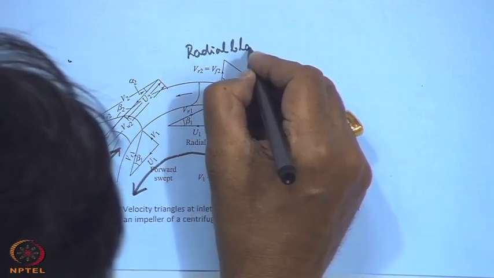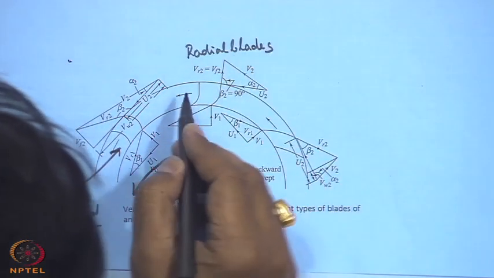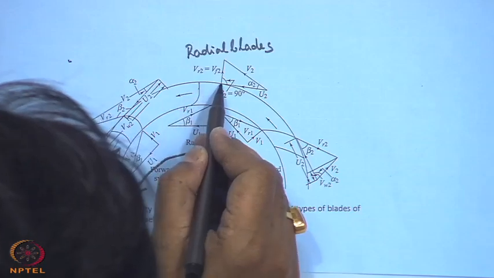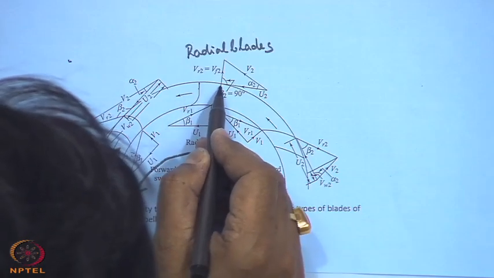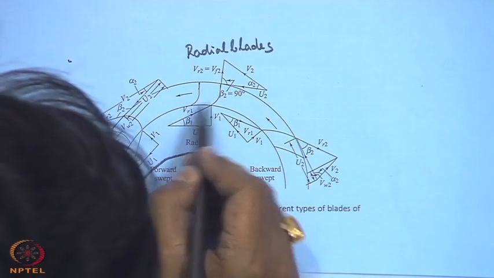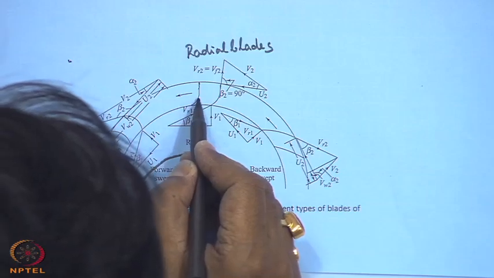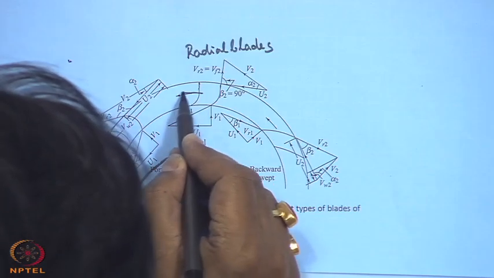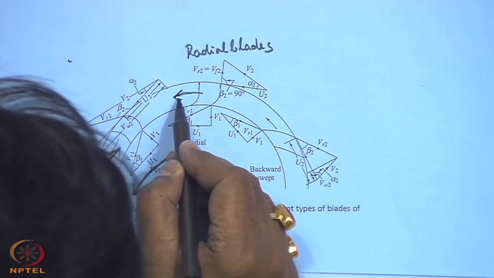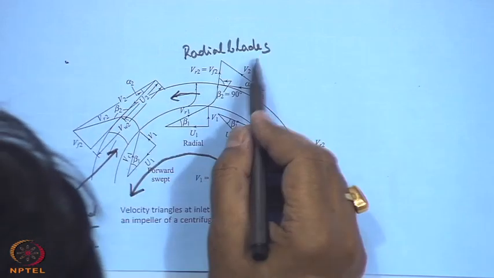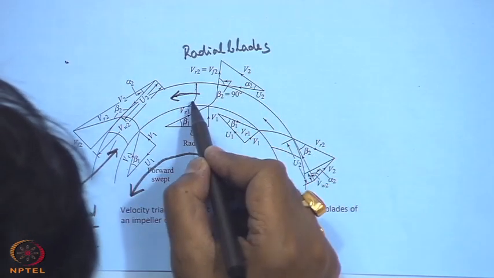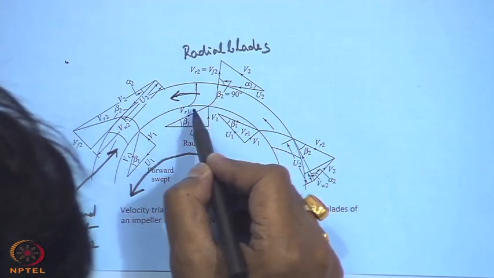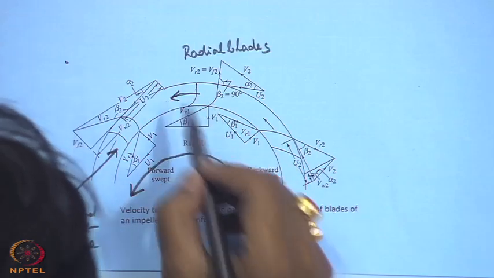What is the radial blade? At the outlet the blade is radial, but at the inlet there is a curvature, and this curvature is forward swept. Why? Because this is the direction of the motion, the curvature is in the direction of the motion. So, radial blades are radial outward flat, but curved at the inlet, which is forward swept.